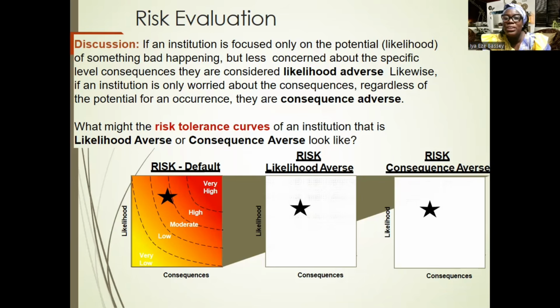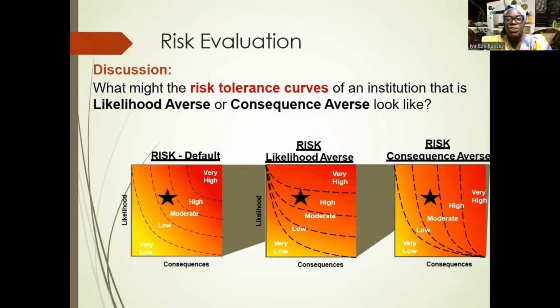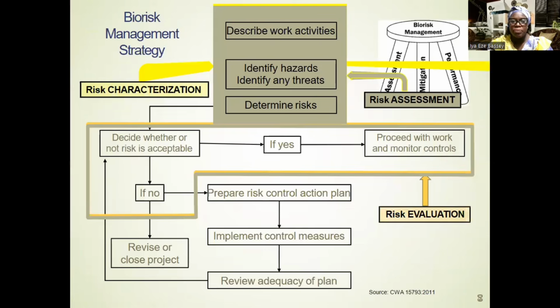So some institutions are likelihood averse, while some are consequence averse. This is what the curve would look like. This is the default curve. We can see here where the star is. This is moderate. For a likelihood averse institution, this is what their curves will look like, okay? While for the consequence averse institution, this is what their curves would look like.